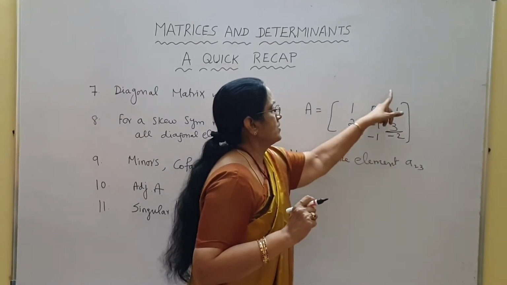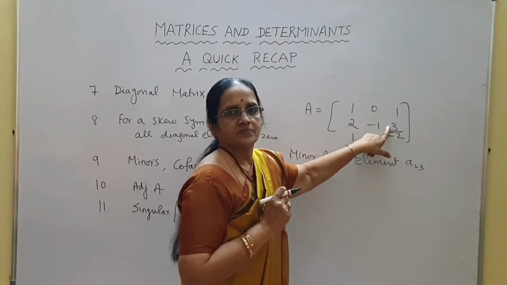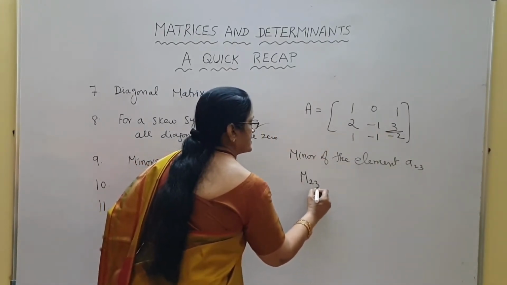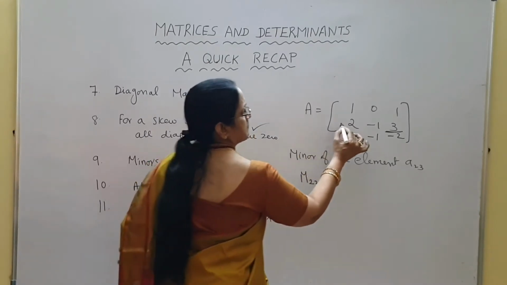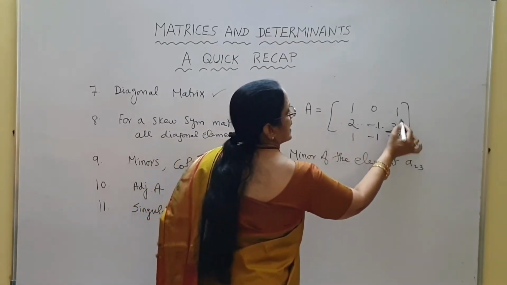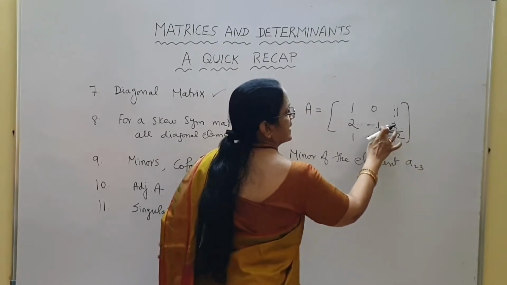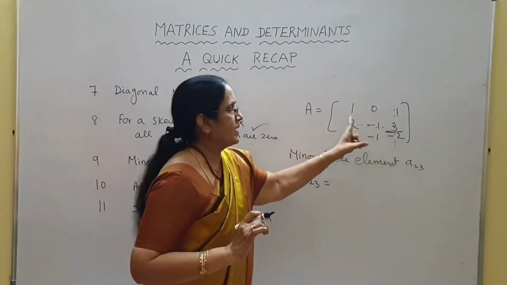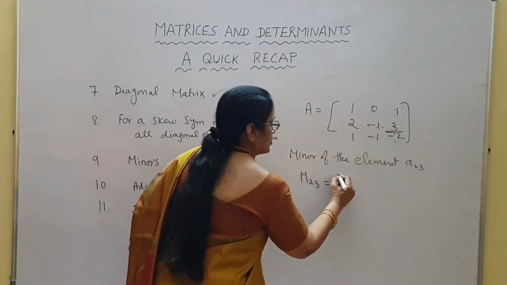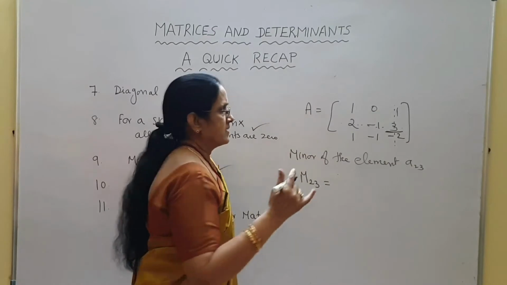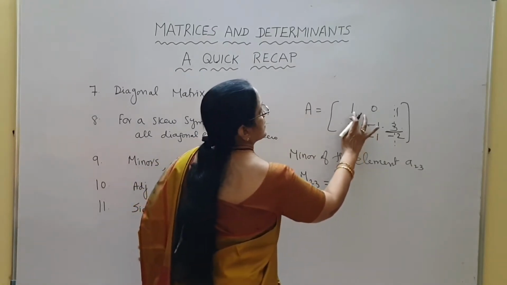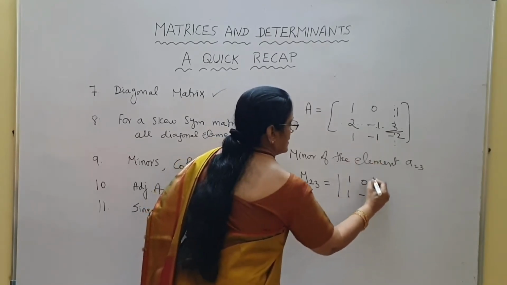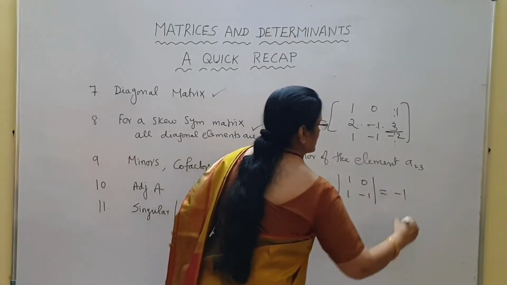So, second row, third column, the element is 3. How will you find the minor? That is, M23 is nothing but, leave the particular row and the column, only in that intersection you are having that element 3. So, what are the remaining elements you are having? You have to find the determinant value of that, which is determinant 1, 0, 1, minus 1, which is nothing but minus 1.